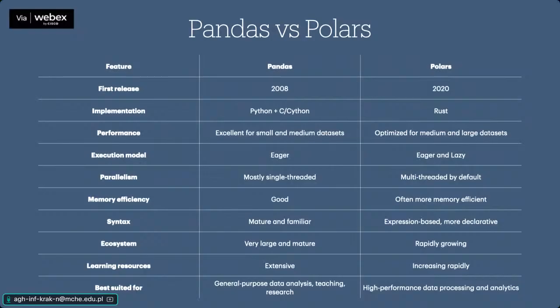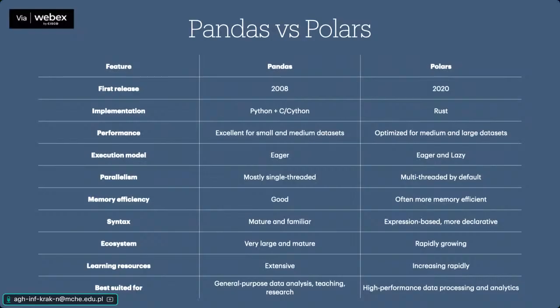We have books, we have documentation, we have conferences, keynotes, and other internet help. With Polars, it's increasing, but still, I think their documentation is the biggest one now. I don't know if there are any huge books on Polars. I would have to research it more.